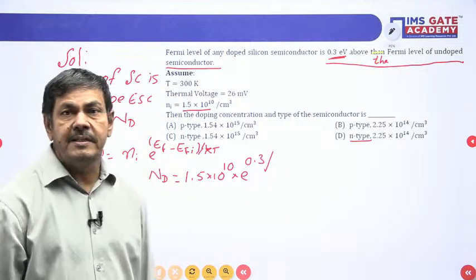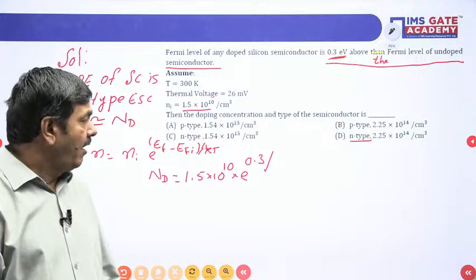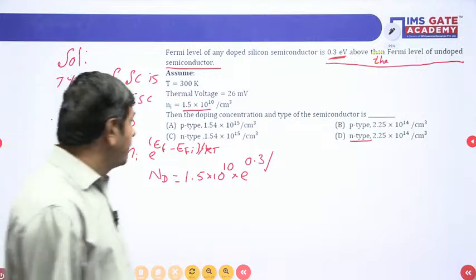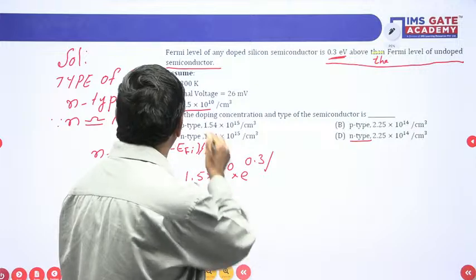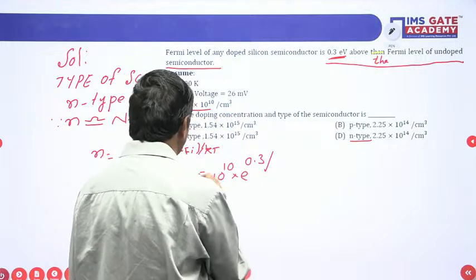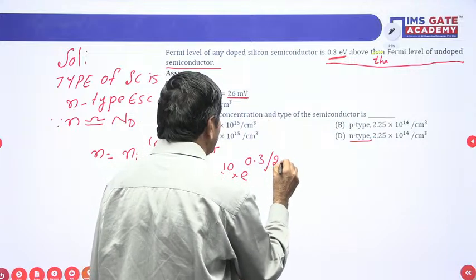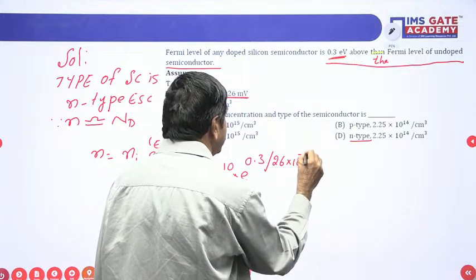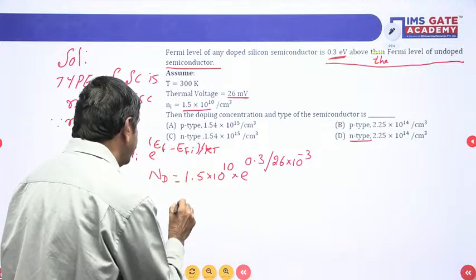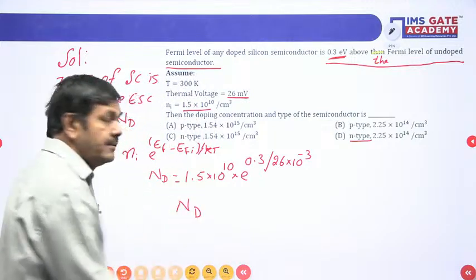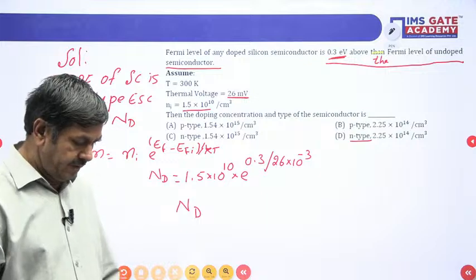KT equal to VT only here. How can we find KT? It is not given directly in the problem, but yes, thermal voltage is given, and KT equal to VT only. That is nothing but 26 millivolts, given clearly, 26 into 10 power minus 3. Use the calculator, you are going to get the Nd value.